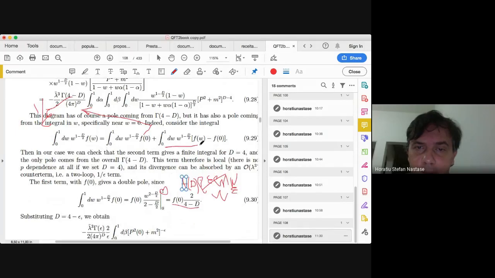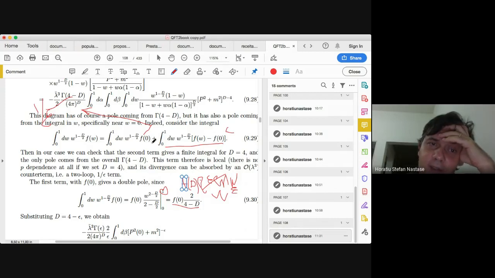And then in this one, I have something that is constant in terms of epsilon, but there's this overall 1 over epsilon.